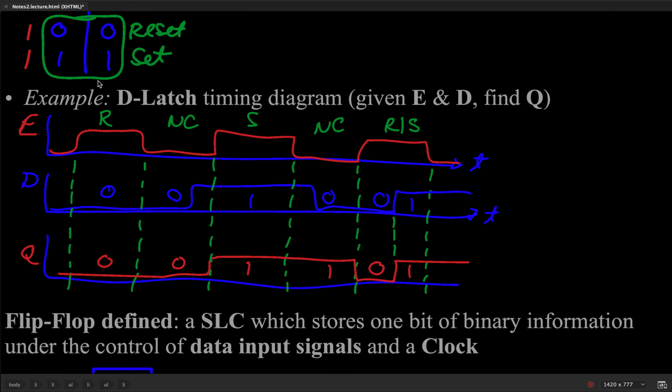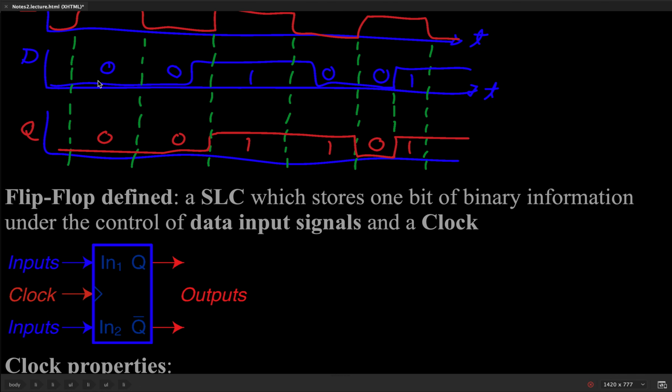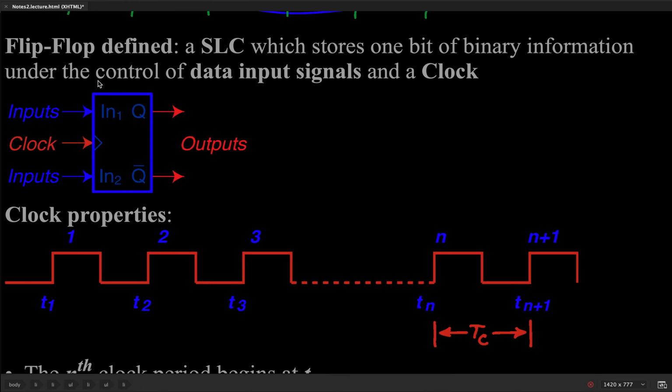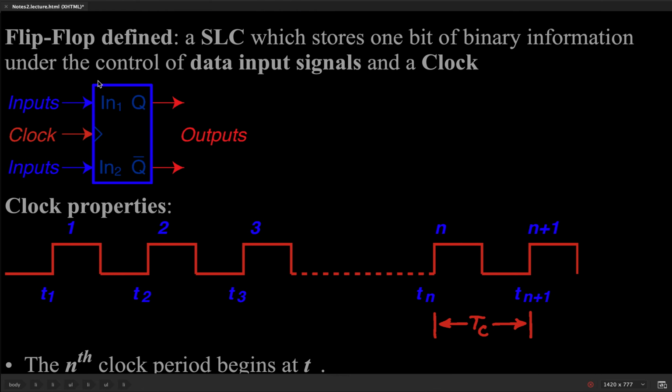All these diagrams I am going to explain in the next video. Again, this is my blitzkrieg technique to get through all the material as soon as I can in a 1.5 hour sitting. Now, a flip-flop is basically a more advanced latch. It stores one bit of binary information under the control of data inputs, that's the same as the latch, and a clock.